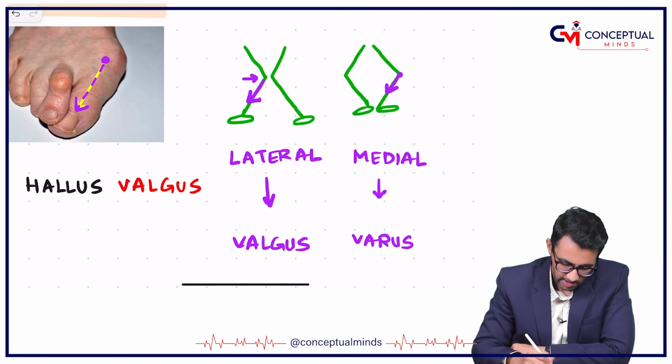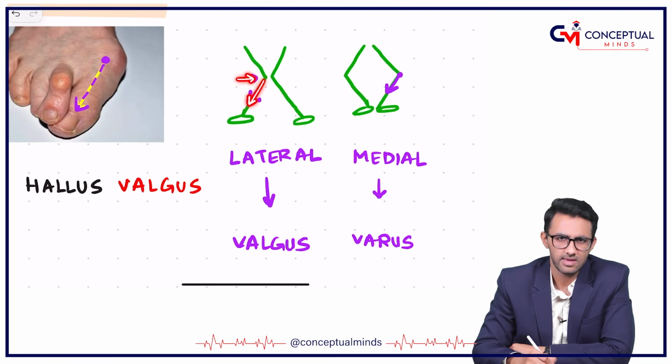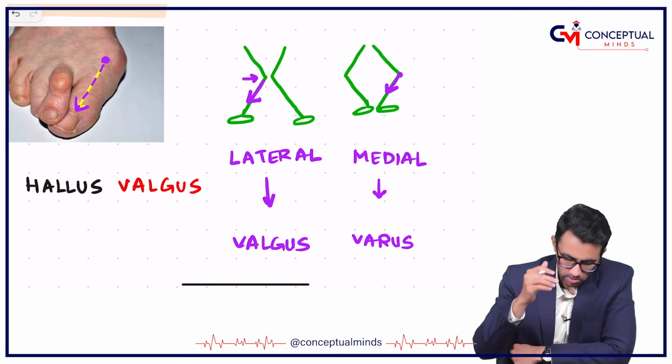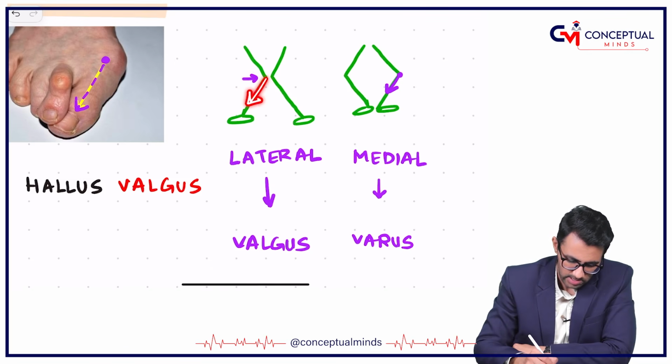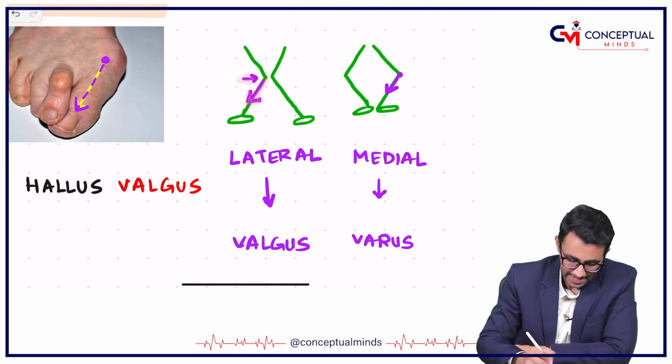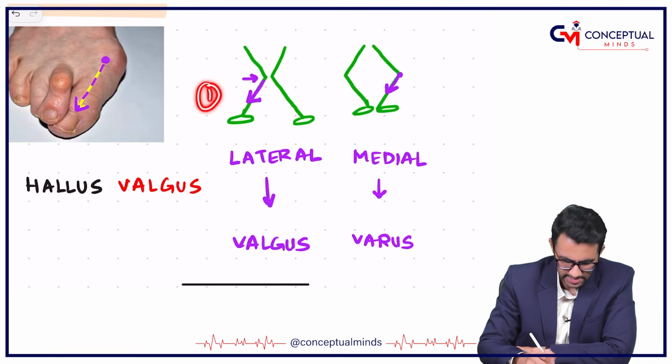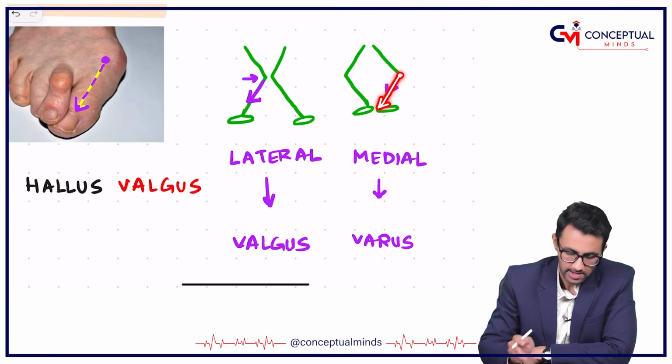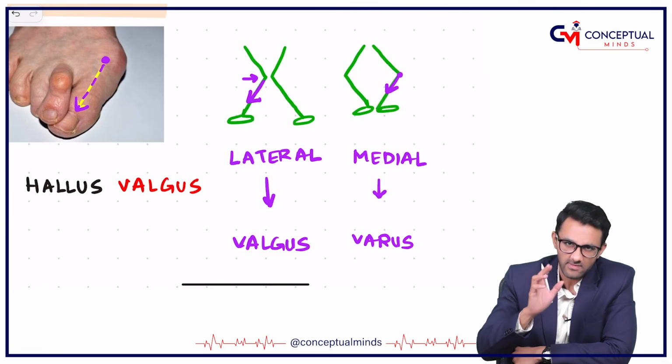The concept is that we have to see the deviation after the joint. For example, in knees, if you want to see knock knees, what do we see? Where is the deviation? The deviation is lateral in the first image. If it is lateral, what do we call it? If the deviation is like this, it is on the medial aspect after the joint.